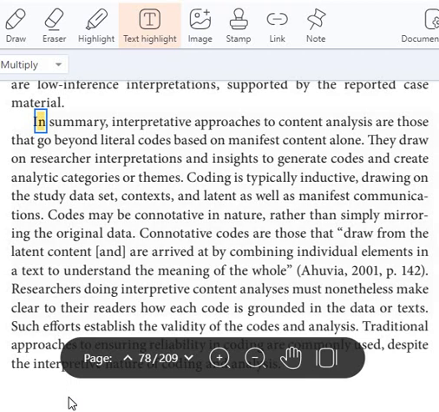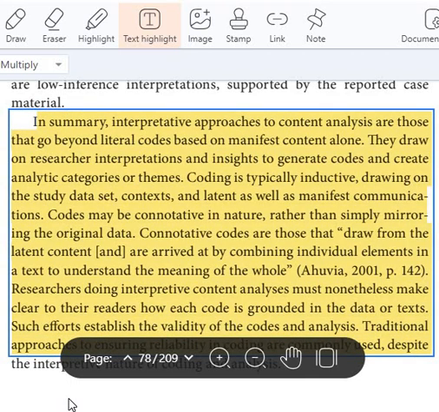In summary of this third study, interpretive approaches to content analysis are those that go beyond literal codes based on manifest content alone. They draw on researcher interpretations and insights to generate codes and create analytic categories or themes. So it is important to know this.